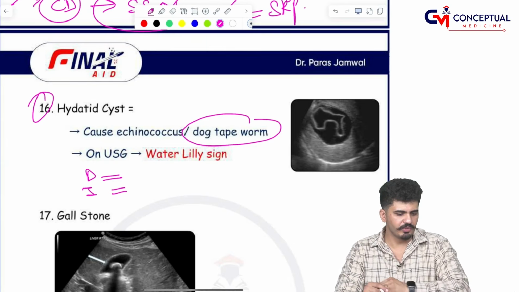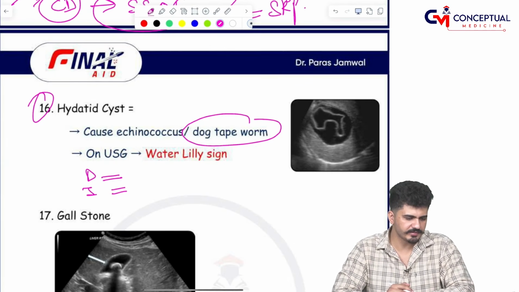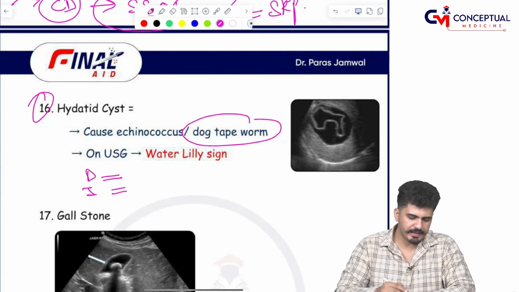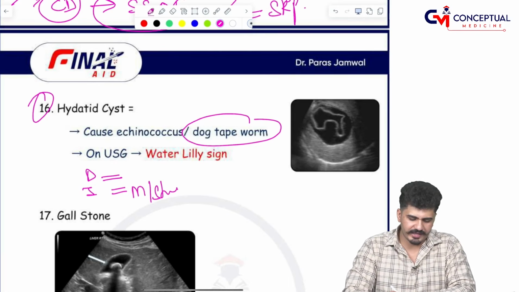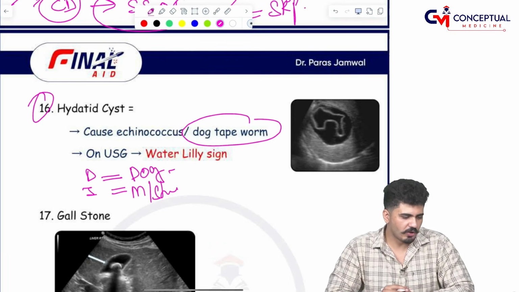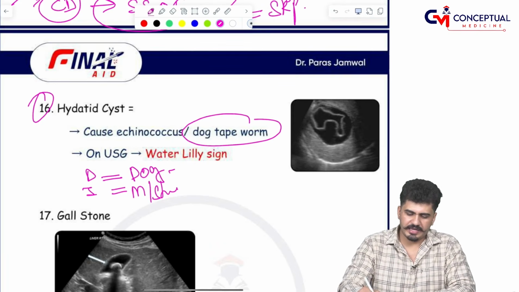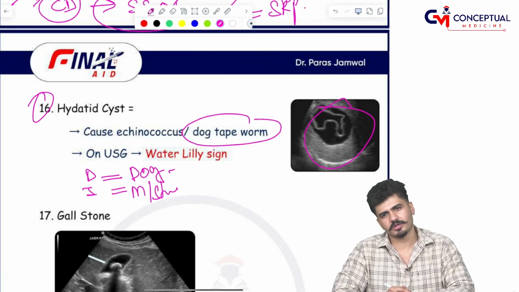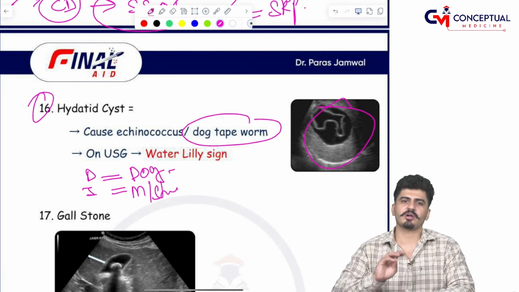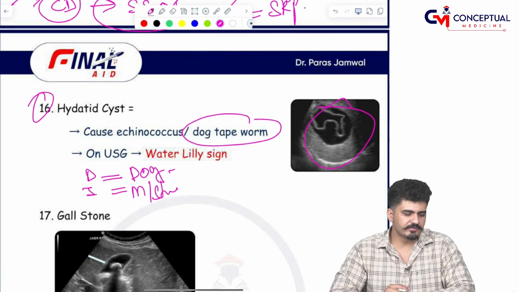The intermediate host is man or sheep, and the definitive host is the dog. Beautiful answer. And here it is the water lily sign. In surgery also we are going to talk about this again, and about the technique by which we will get rid of this.